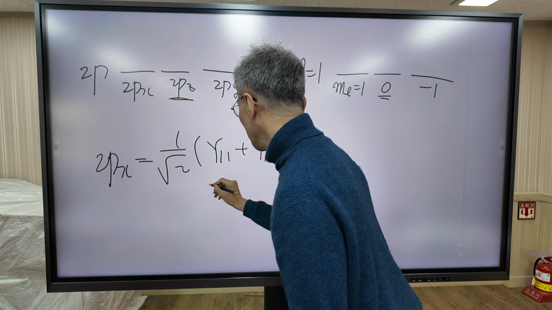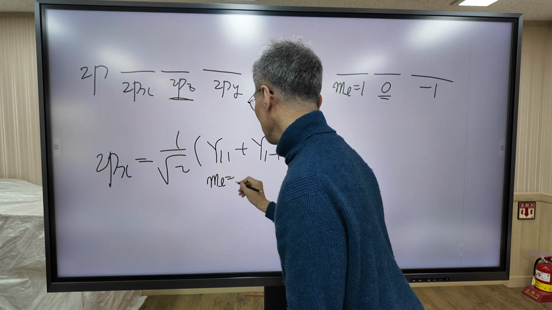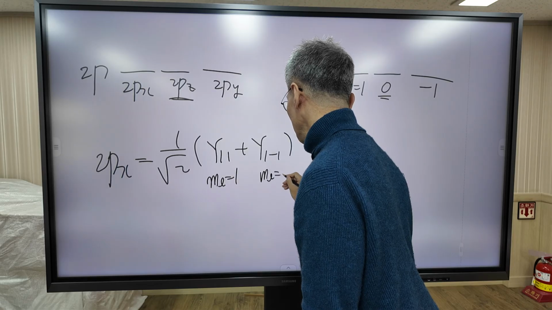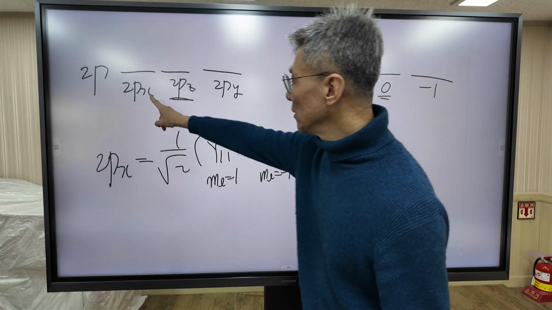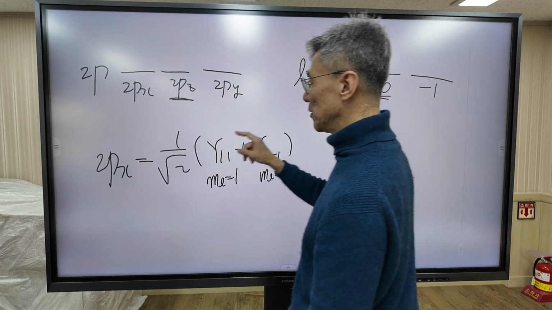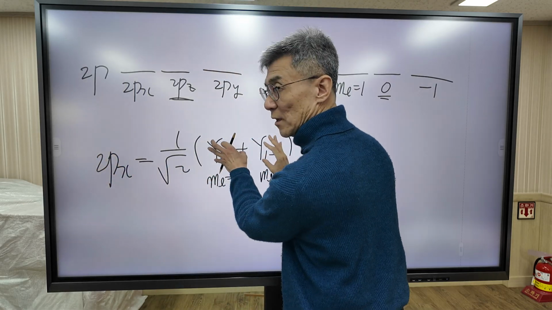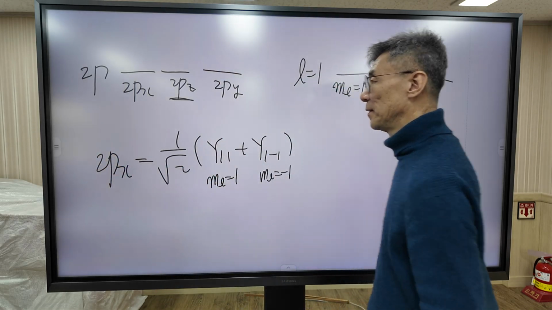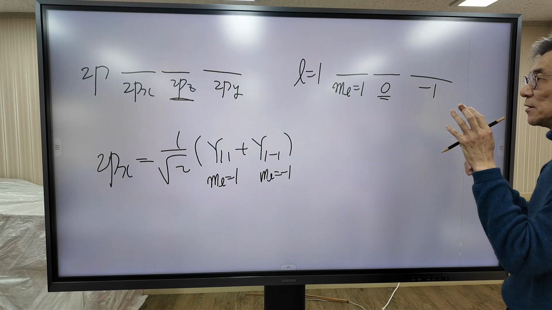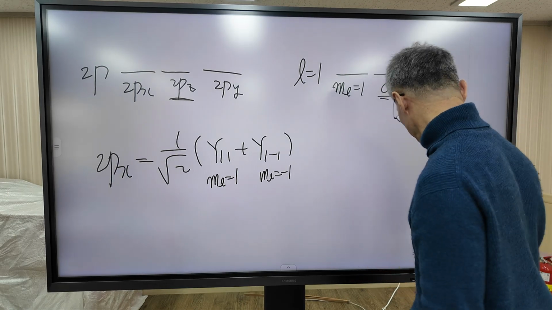This one means ml equal 1 orbital and ml equal minus 1 orbital. This one is not equal to this one. Actually, this orbital is the sum of these two orbitals. Okay, different. Now I will tell you the reason why.